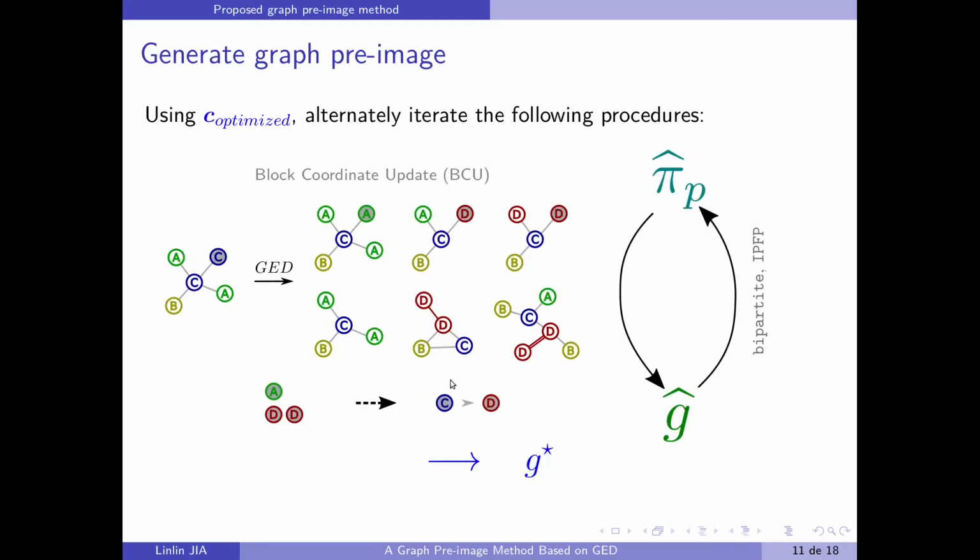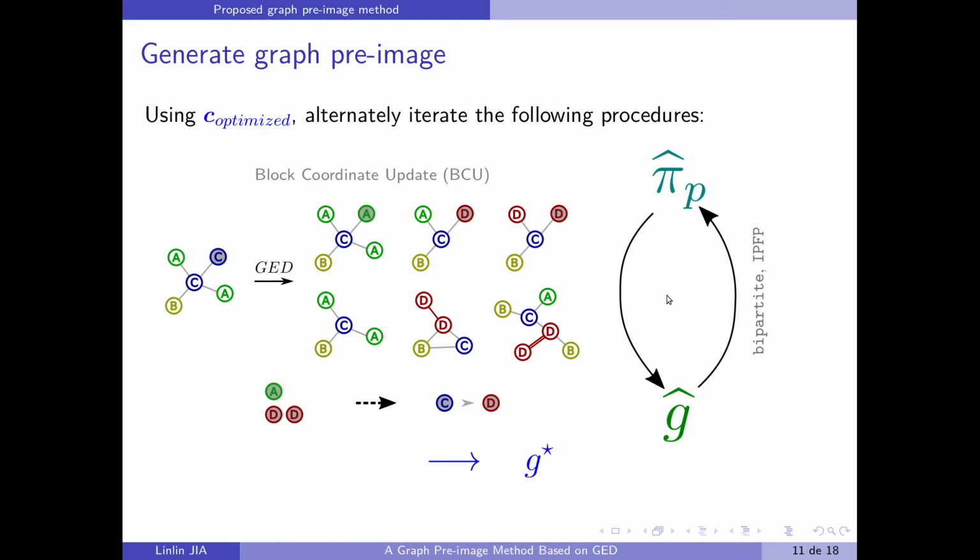Now we have the optimized c. How do we construct the pre-image? We take advantage of a recent method which constructs the median graph. Here we also use an alternative iterative procedure with two steps. In each iteration, in step 1, we fix the median graph and compute the GED between the median graph and all graphs in the dataset.